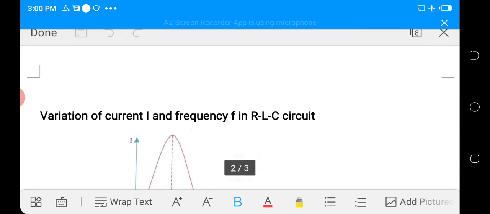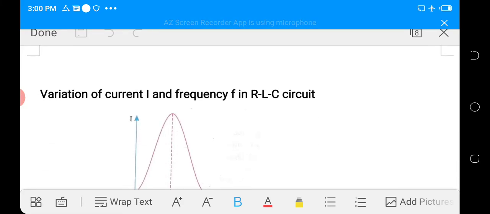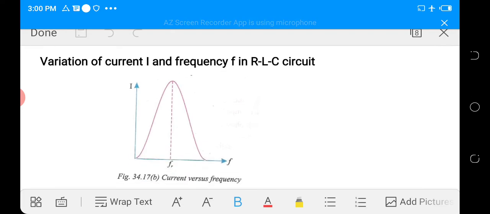Now let's look at variation of current and frequency in an RLC circuit. The diagram shown on the screen shows the variation of the current I with the frequency f. As you can see, the maximum current is obtained when the frequency is at resonant frequency, that is at f0.